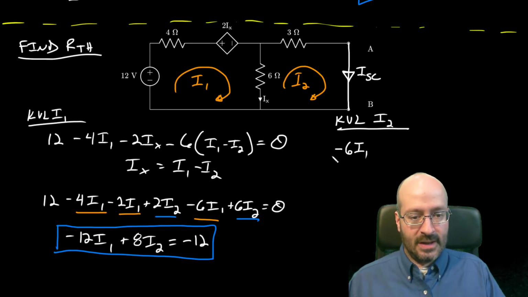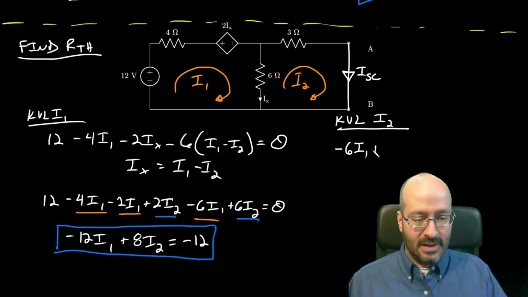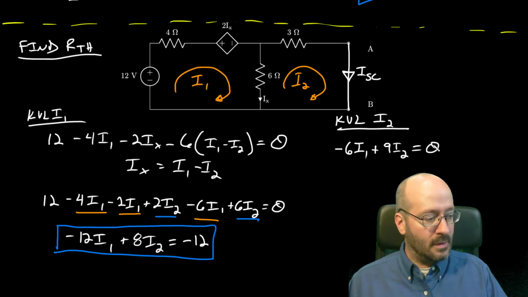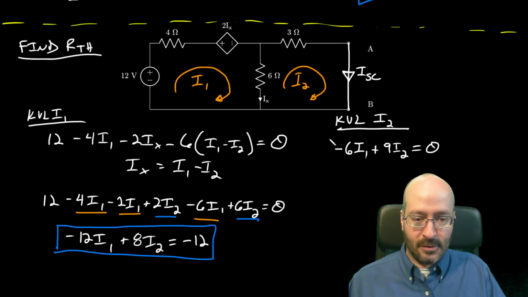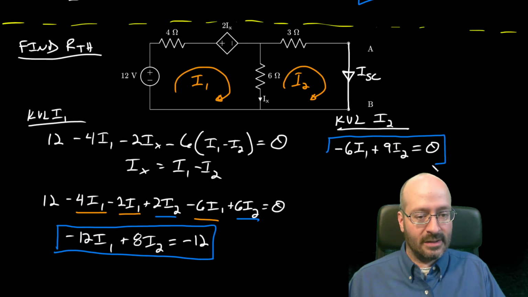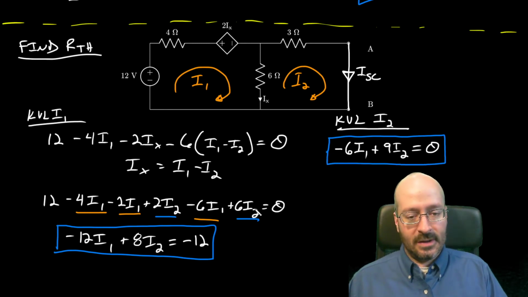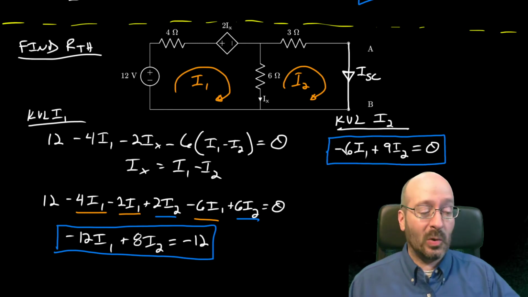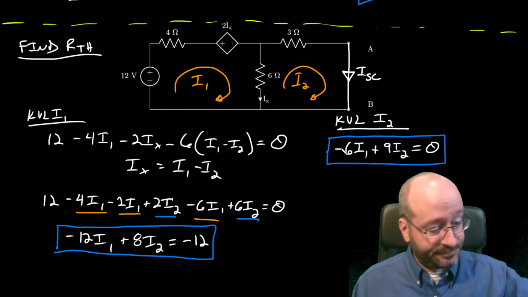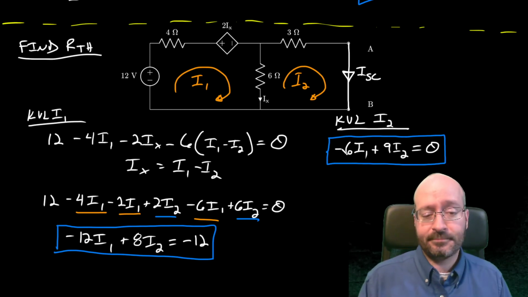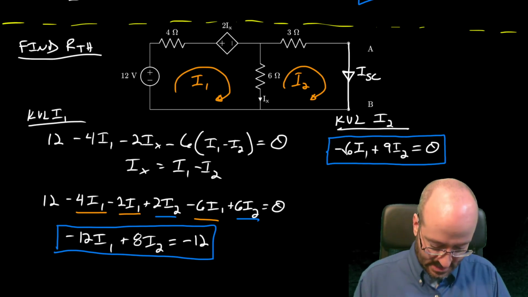All right, so that's going to be negative 6 I1. And then what does I2 touch? It touches 9 total, and there are no voltage supplies. Okay, so I did the shortcut, but I wrote it out as an equation just to be consistent between these two. But it still works. Check it out. Give it a try. Hopefully you get the same answer.